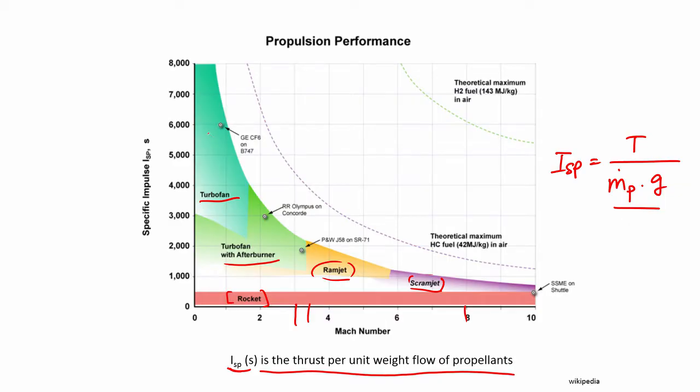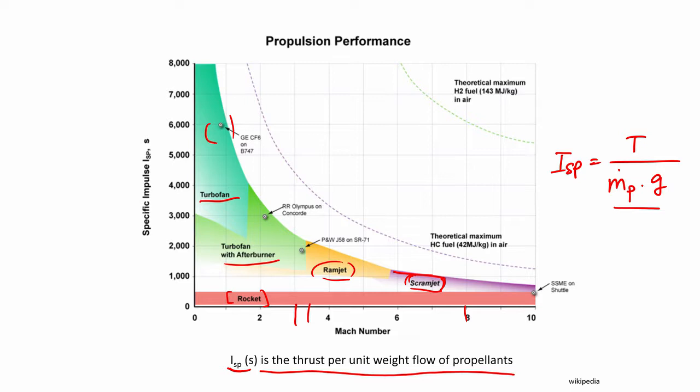So you see that when you consider the specific impulse, the turbofans are really very large, and then it reduces for ramjets and then for scramjets, but still the specific impulse of a ramjet is more than a factor of 2 higher than that of a rocket.